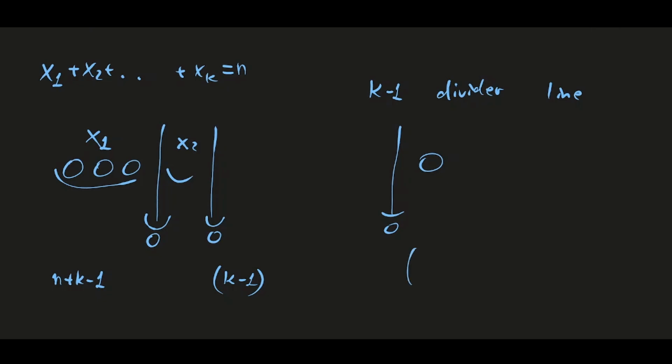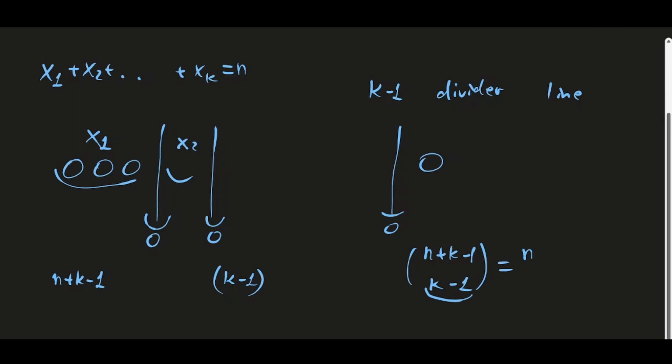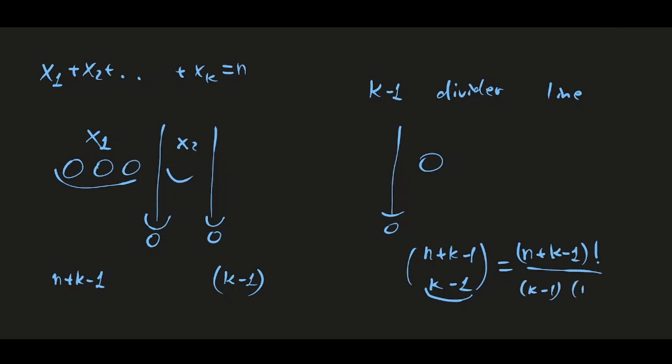This can be done in n plus k minus 1 choose k minus 1 ways, which is exactly (n plus k minus 1) factorial divided by (k minus 1) factorial times n factorial.